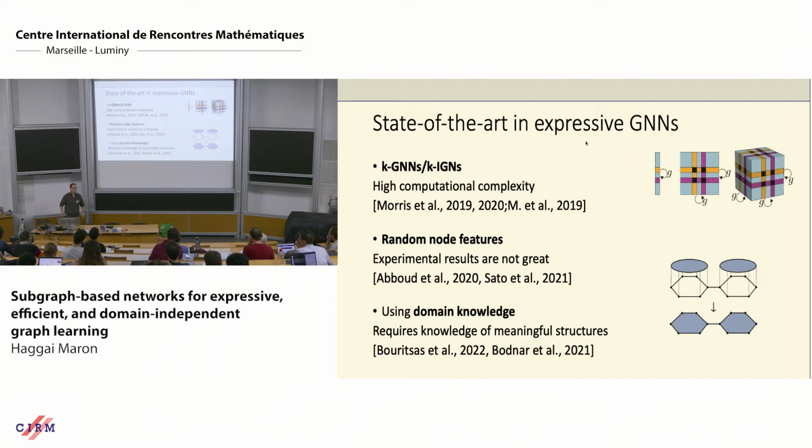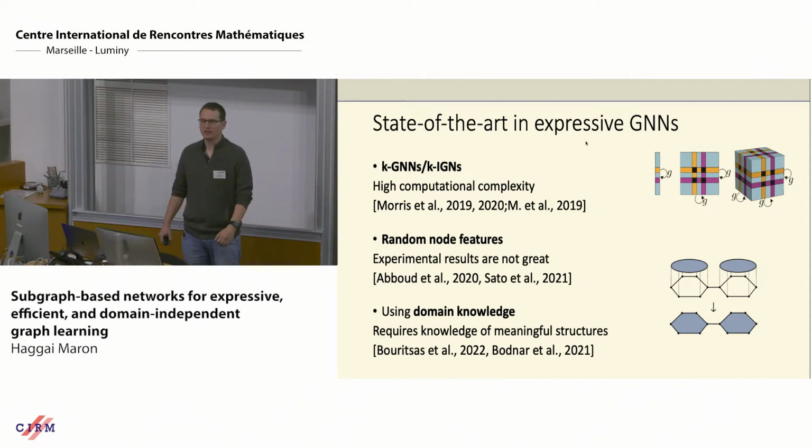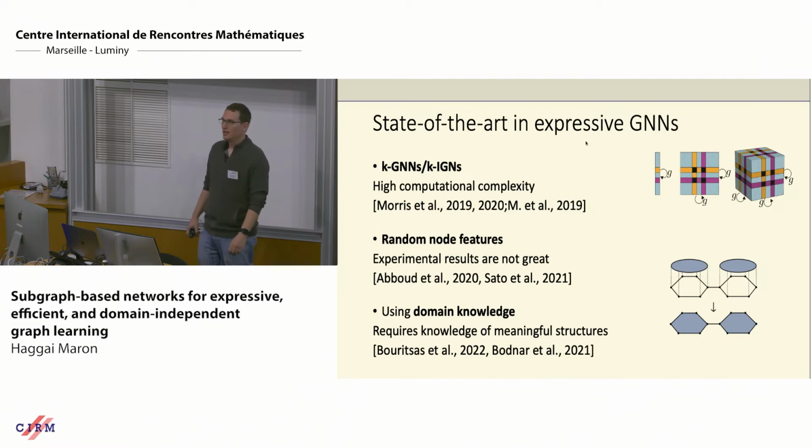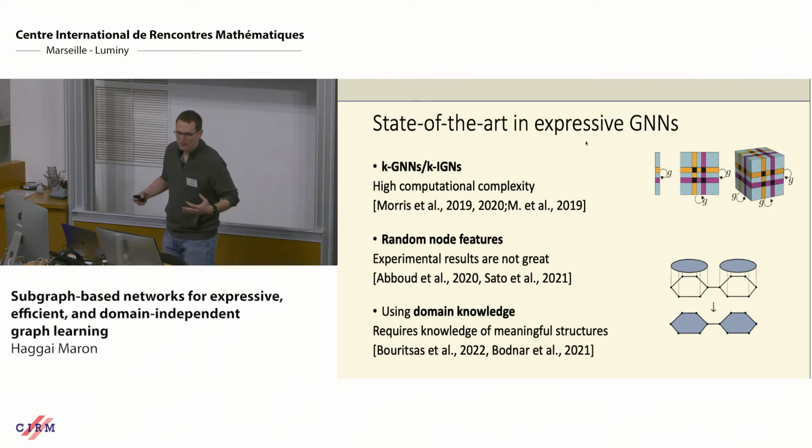For example, one simple way to do it is to count those substructures and have some node features that will indicate how many of those substructures are incident to each node. These methods work pretty nicely. They provide a boost in expressivity and in generalization. But in many cases, we don't have this domain knowledge.